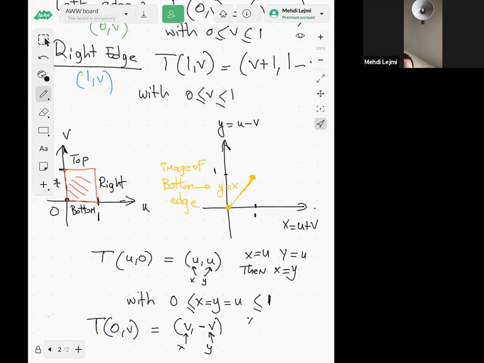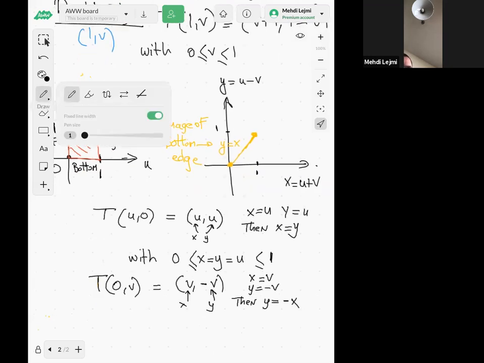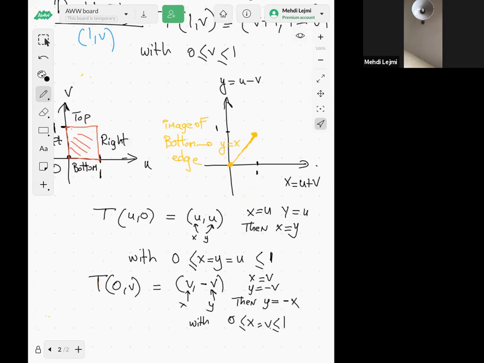X is v, y is minus v, so then y is equal to minus x. Okay, and of course x is between 0 and 1, right? So with x, which is v, between 0 and 1. So y minus x is going to be also diagonal, but it's going to go down.